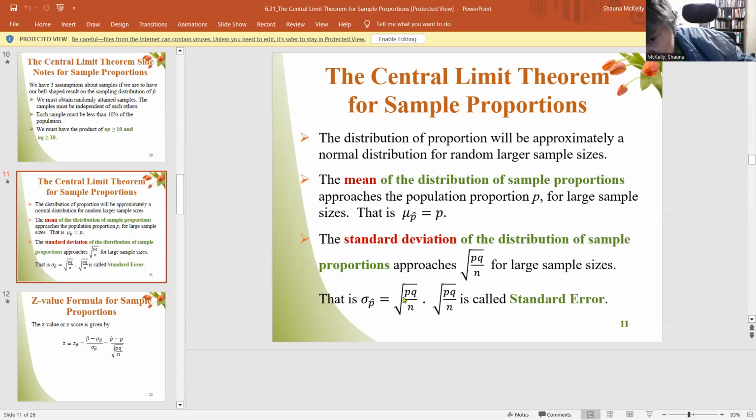And the standard error is square root of PQ divided by N. Okay, so this is our error. This is what we need to know. We already know what mu sub p hat is. We know that. That's 0.25. I haven't calculated this yet.